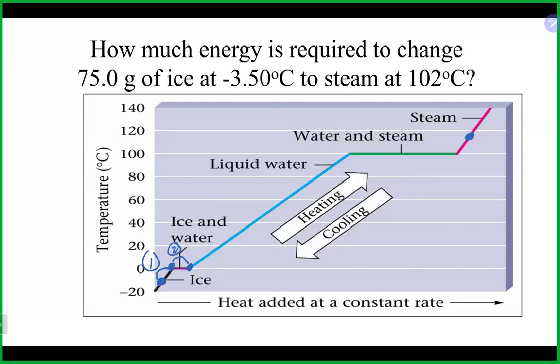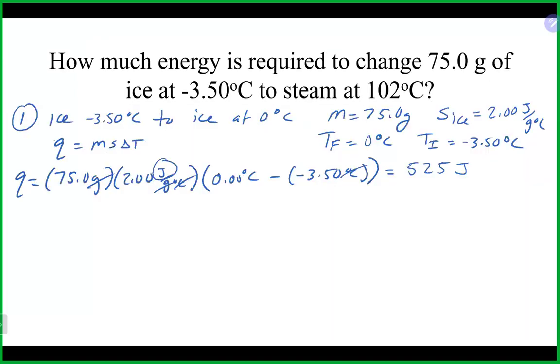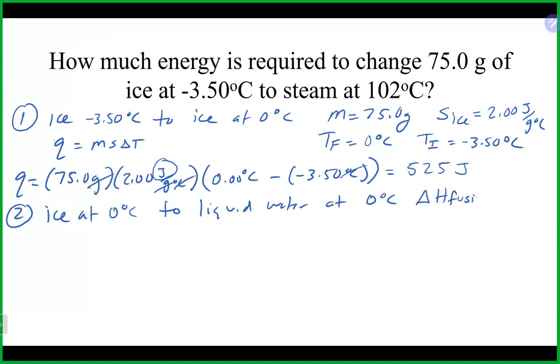So that would be the second step, which is our phase change. That is our delta H of fusion. Again, that is the energy, as we just talked about, that's required to change a substance from solid to liquid.